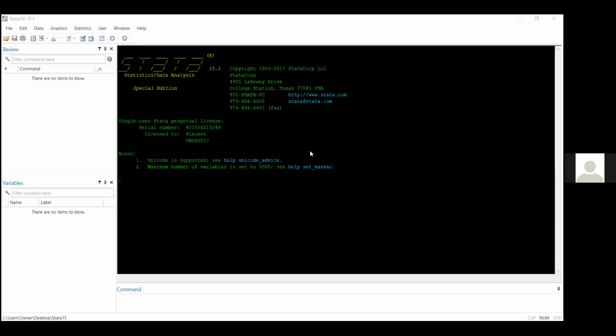Now, this black screen or window is where results pop up. You execute a command or a request, and then your results come here.